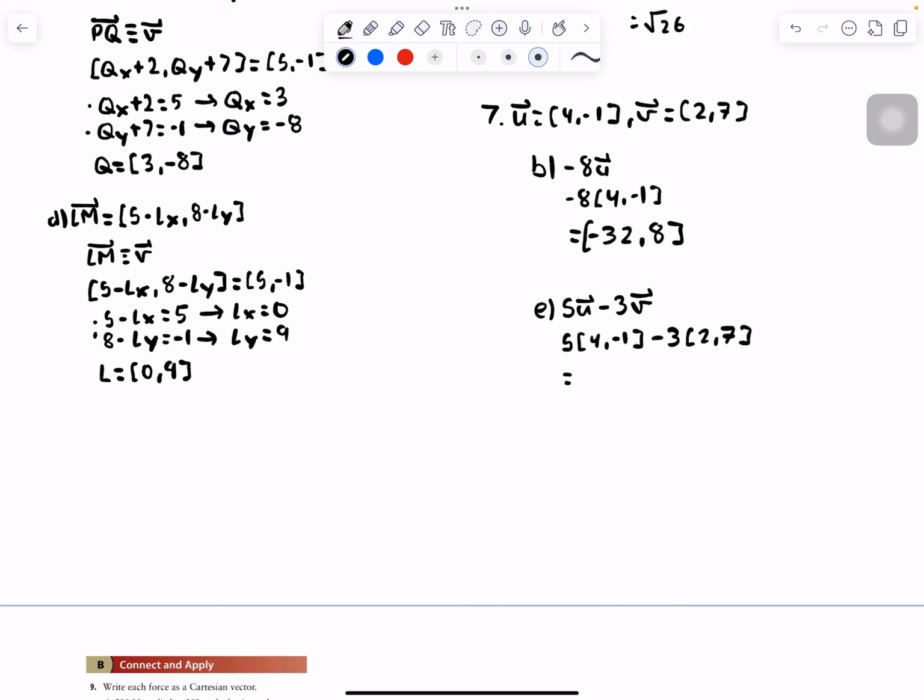This becomes 20, -5 minus, distribute that 3 in, becomes 6, 21. 20 minus 6, that's 14. And we get 14, -5 minus 21, -26.